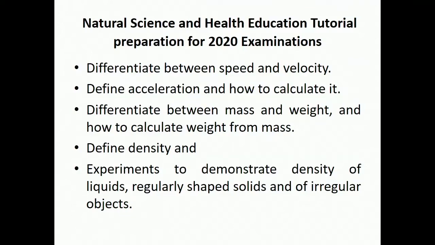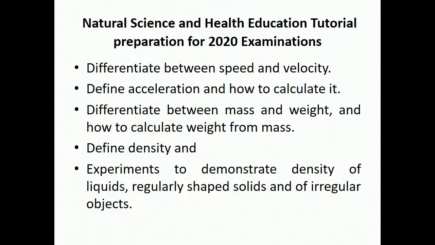Then, students, you should be able to define acceleration and also how to calculate it. On the speed time graph, identify the part of the graph, the gradient, that represents acceleration, and also be able to calculate total distance from a speed time graph.